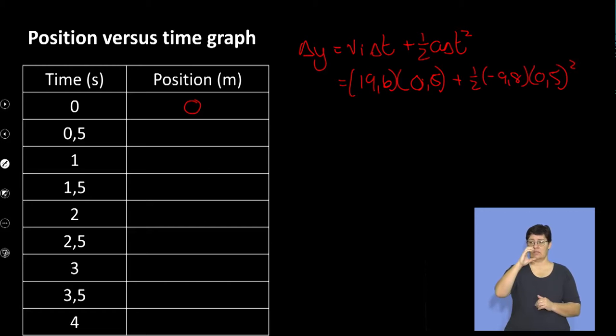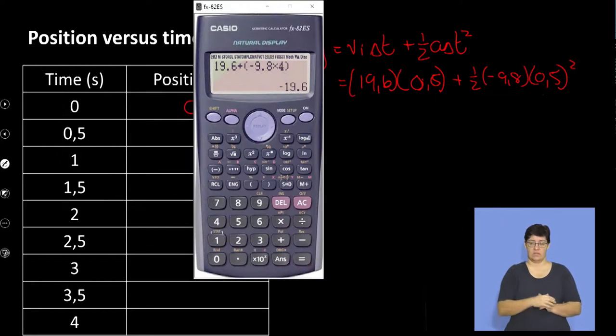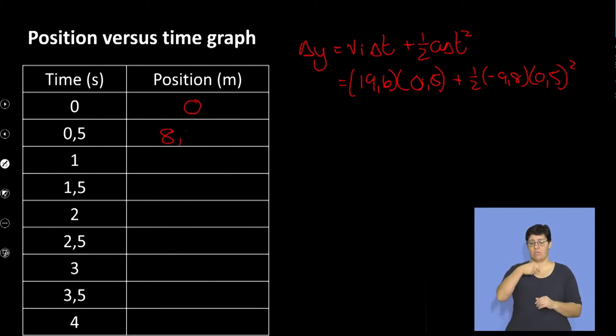So we put this into the calculator just quickly because I want you to see it. We've got 19.6 times 0.5 minus 0.5 times 9.8, not 98, times 0.5 squared. And we get 8.57.